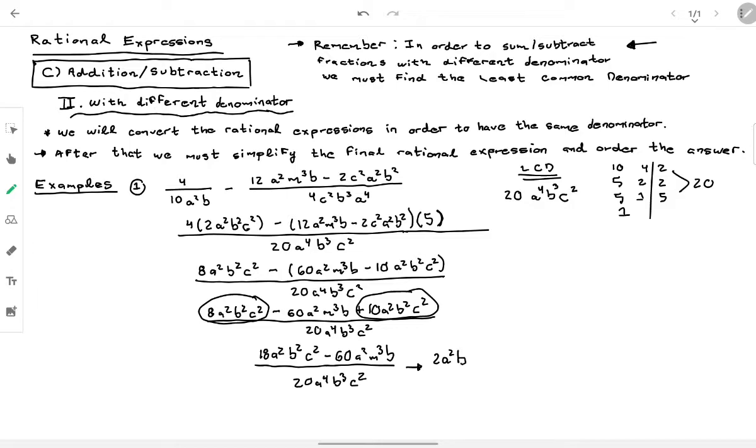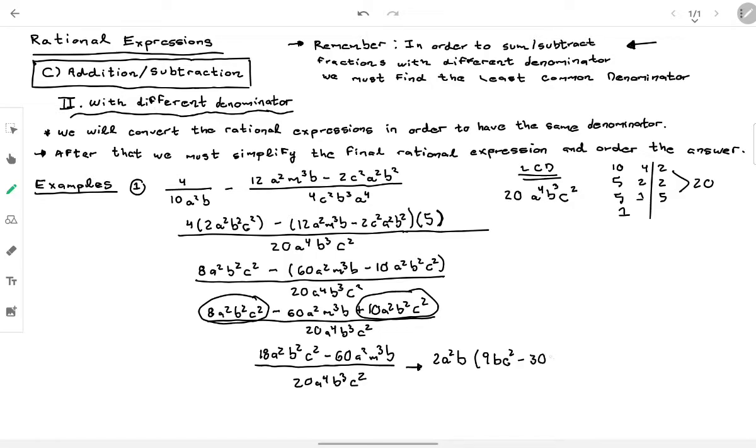We have B on both also, so it's going to be 2A squared B. So 2A squared B to become 18, it's multiplied by 9. A squared to become A squared, we don't need anything. B to become B squared, we need a B. And we need C squared. Minus, and 2 to become 60, it's 30.